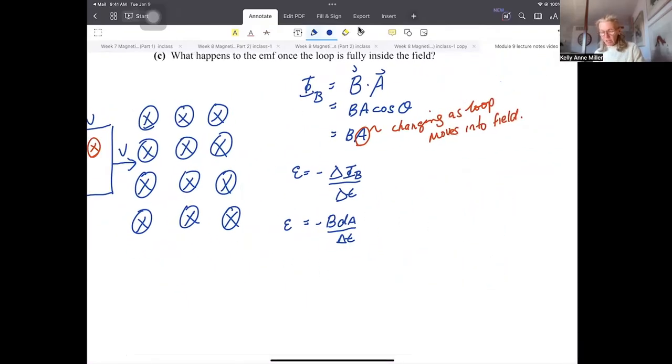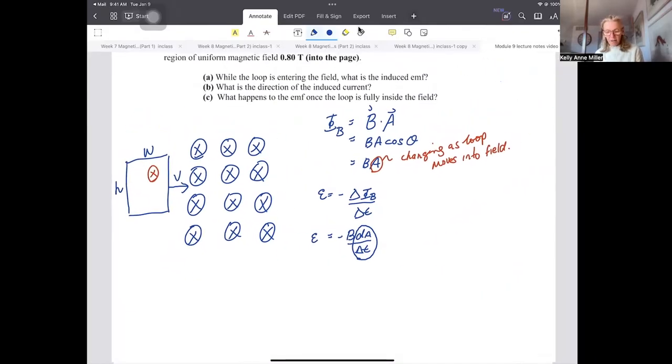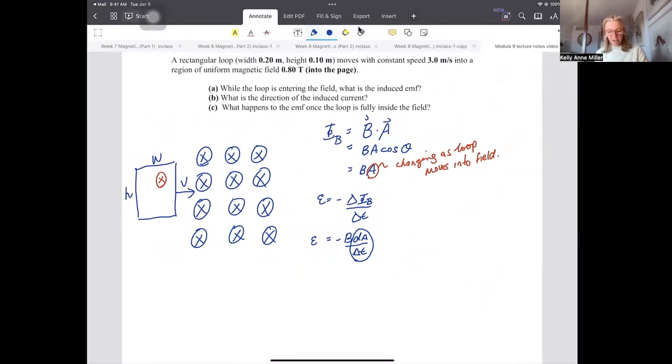So this is interesting, right? How does the area change as a function of time? If you think about the loop being drawn into the field, the height is staying constant, but what's changing is how much of the width is going into the field.